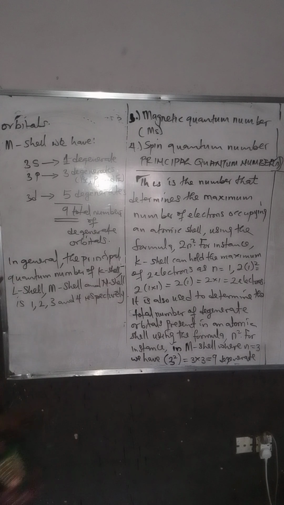What am I trying to tell you? The principal quantum number for K shell is 1. For L shell it is 2. For M shell it is 3, while that of N shell is 4.